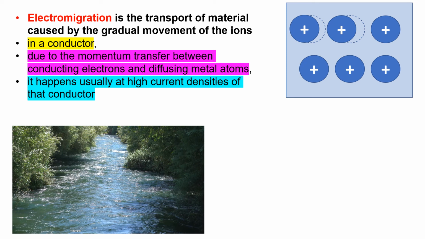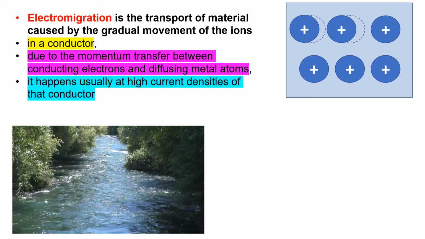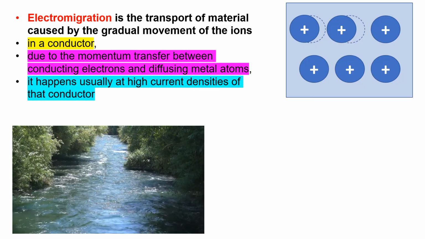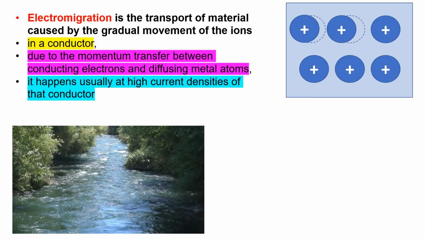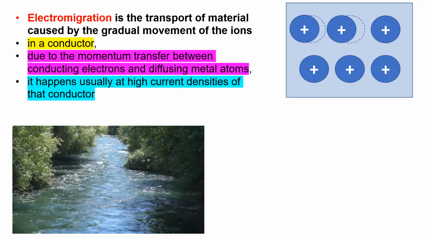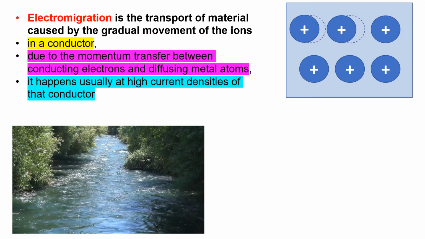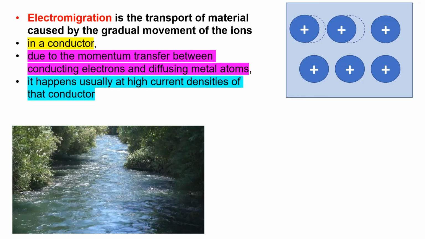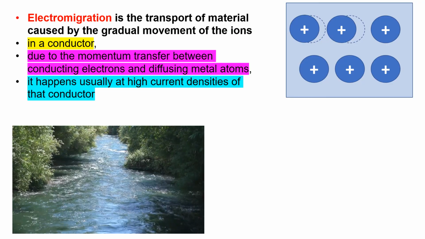So this resembles the current density in a conductor where the actual current density is far less than the current density limit of that conductor. Hence, no transport of material happens in the conductor as EM is not occurring. In this case, soil erosion is not happening, as evident from the pure water in the river.